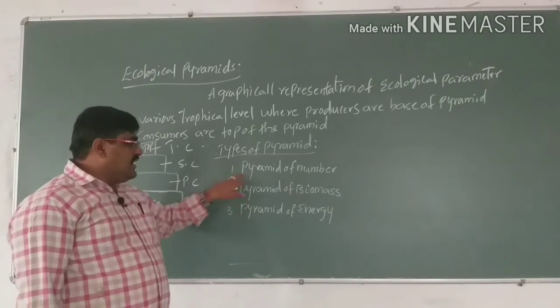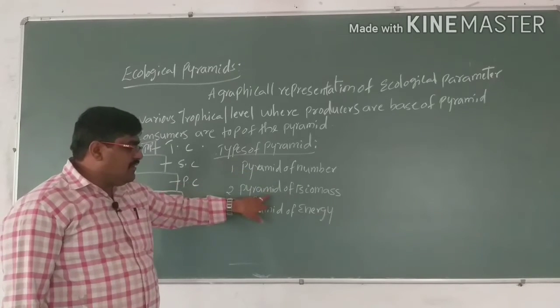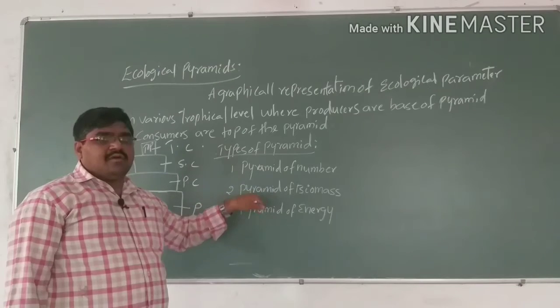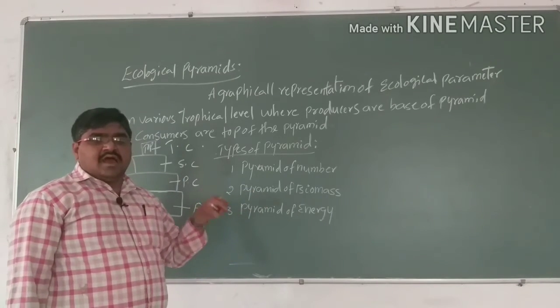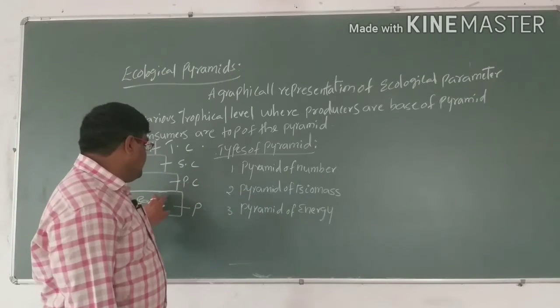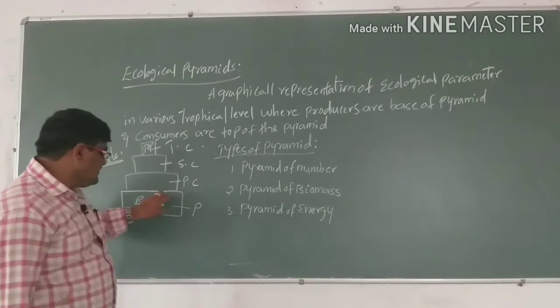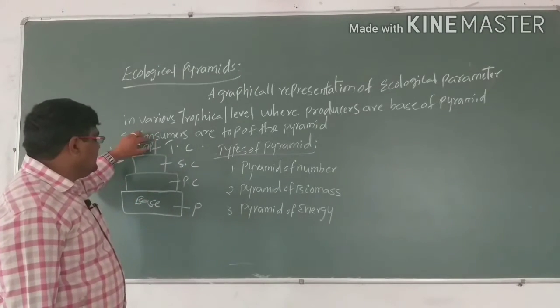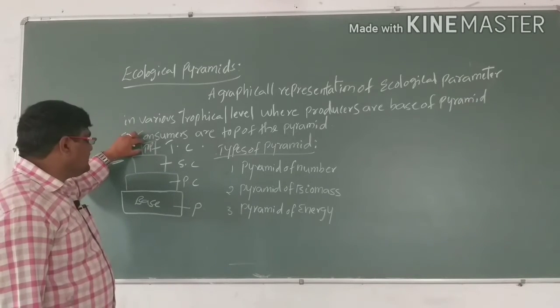In the pyramid of number and the pyramid of biomass, the producers are present at the base of the pyramid, and the carnivores, the tertiary consumers, are present at the top.